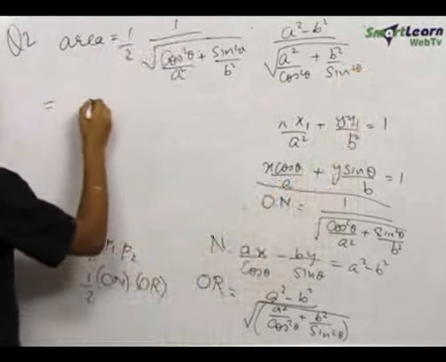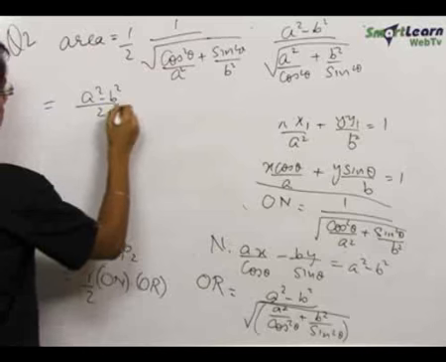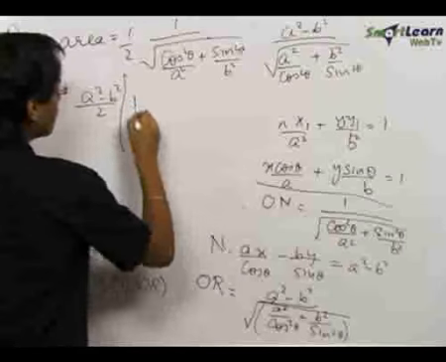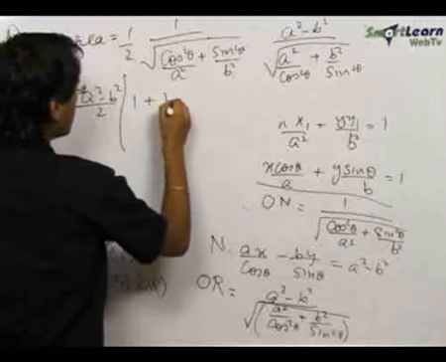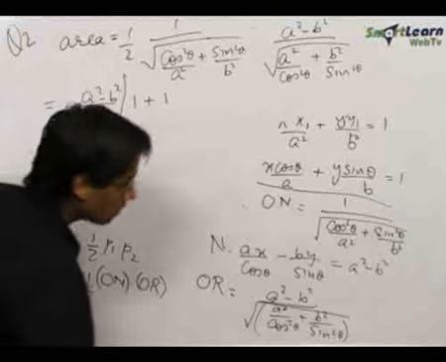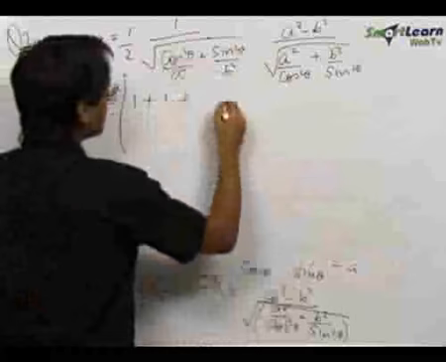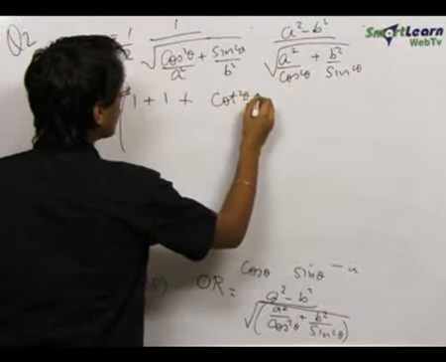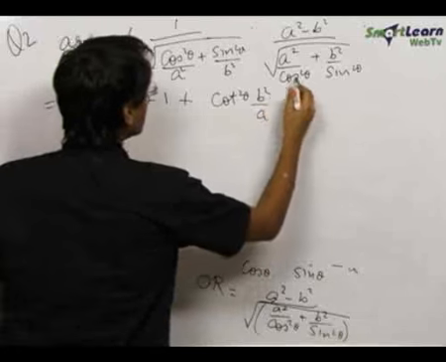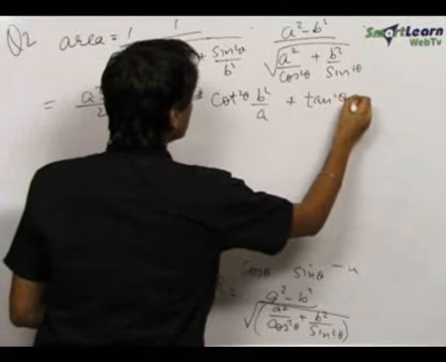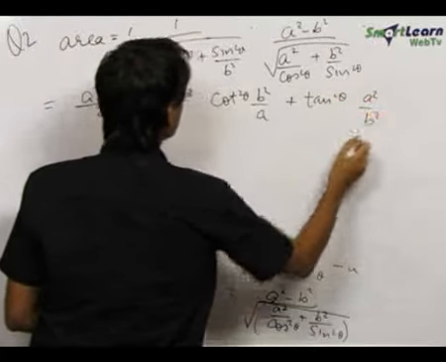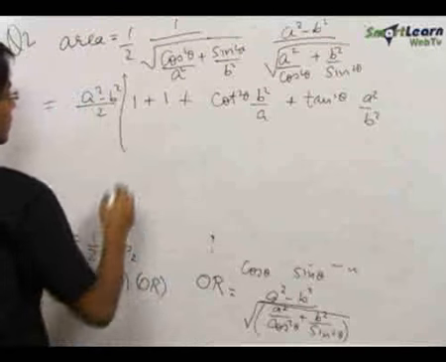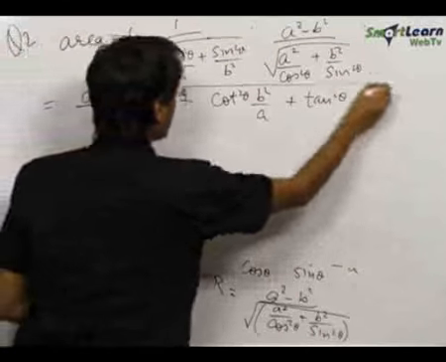On multiplying these two, we get a square minus b square by 2 into, under root, 1 plus cot square theta into b square by a square plus tan square theta into a square by b square. Everything is within the under root.